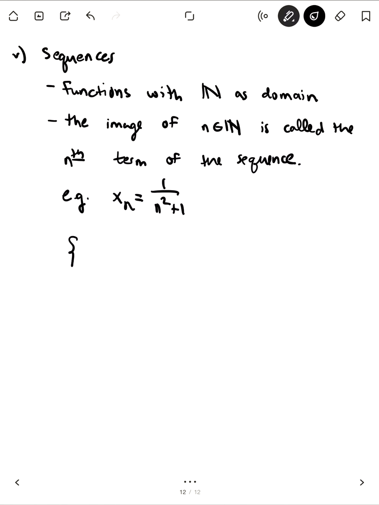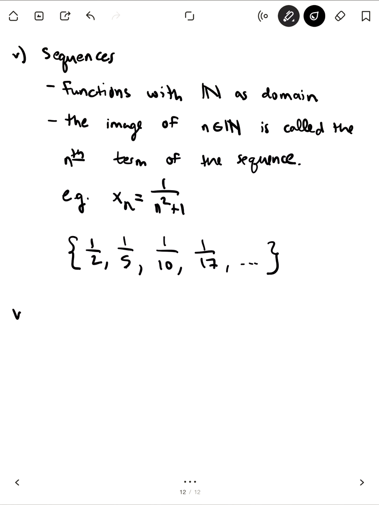Then the image of the sequence would be 1 over 1 squared plus 1, which is 1/2, 1 over 2 squared plus 1, which is 1/5, 1 over 3 squared plus 1, which is 1/10, 1 over 4 squared plus 1, which is 1/17, and so on and so forth. So we have that.